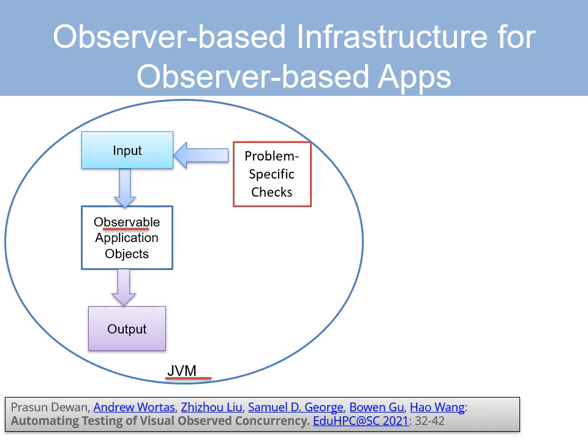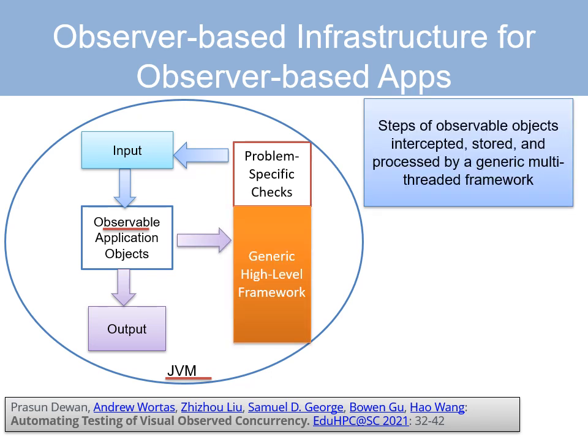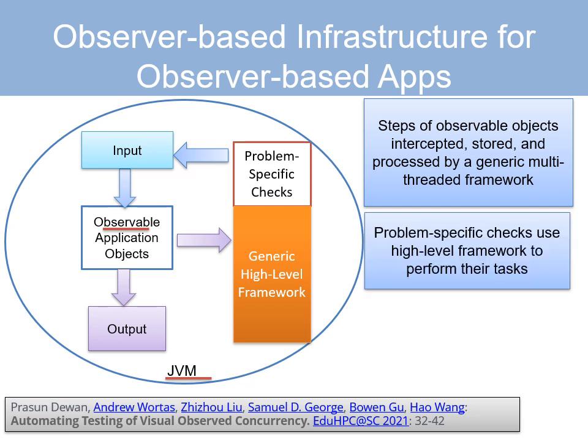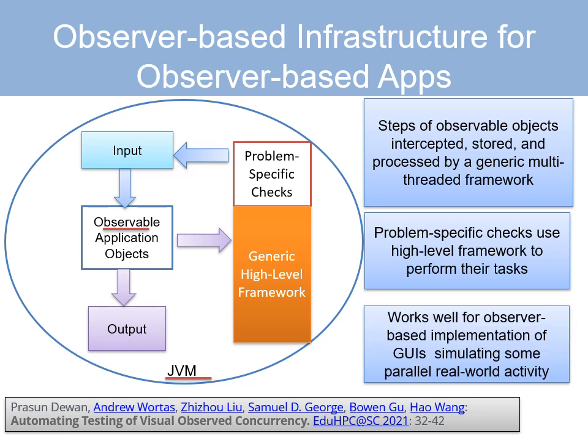So if the application is coded in this way, we can create an infrastructure that traps all the state changes that have been announced and provides high-level abstractions to problem-specific checks so that they can be easier to write. And we found that this works well for visualizations that simulate some real-world activity, okay, that use observer objects to do the simulation.